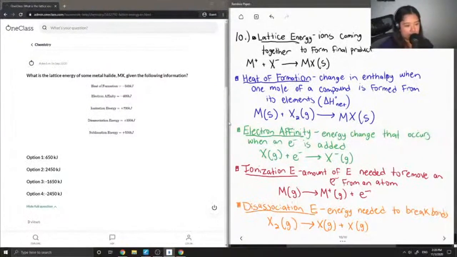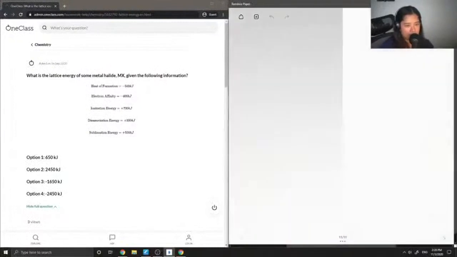Okay, I'm just going to start a new page to write down the definition of sublimation. Sublimation sounds complicated, but it's actually pretty easy.